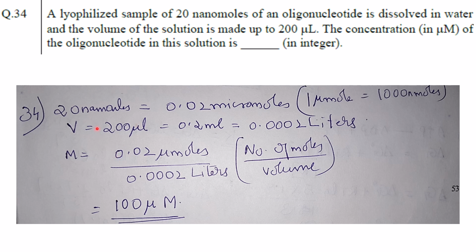So first convert nanomoles to micromoles. 1 micromole is 1000 nanomoles, so that is 0.02 micromoles. The volume they have given is 200 microliters, that is 0.2 ml or 0.0002 liters. Now calculate the concentration. It is number of moles by volume. So 0.02 micromoles by 0.0002 liters, that is 100 micromolar.